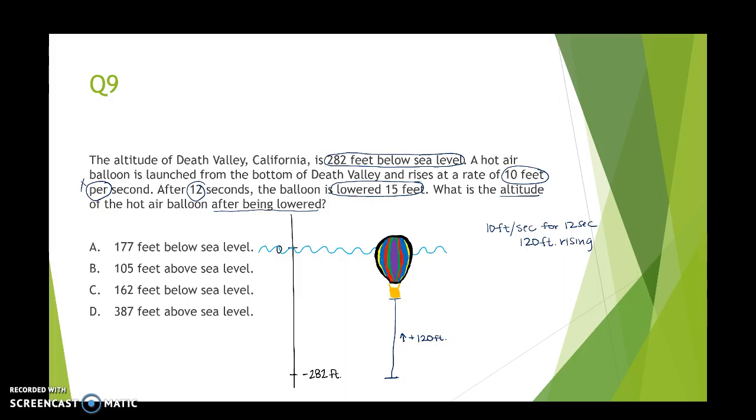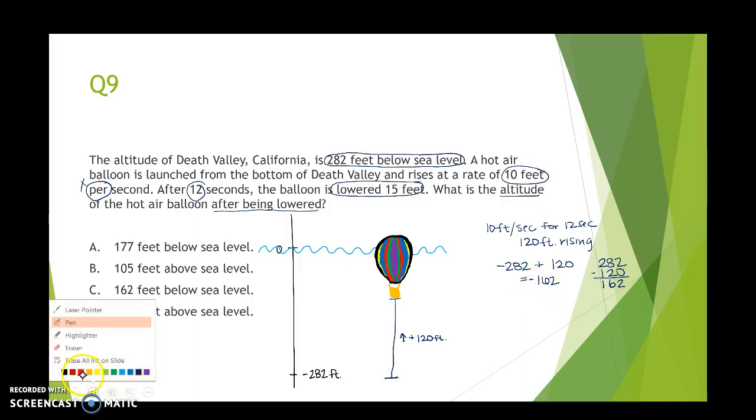And then, if it's going up, we're going to take the negative 282 feet and add to it 120 feet. So think back, same sign add, different sign subtract. So I'm going to be subtracting. 282 minus 120. 2 minus 0 is 2. 8 minus 2 is 6. 2 minus 1 is 1. So we're at 162 feet. Positive or negative? Negative, because we're going to keep the sign of the bigger one.